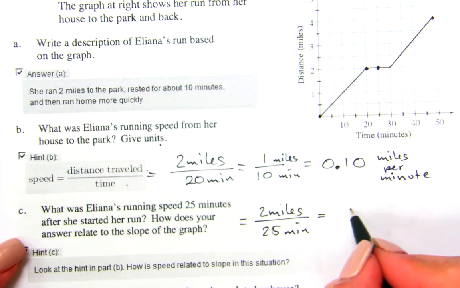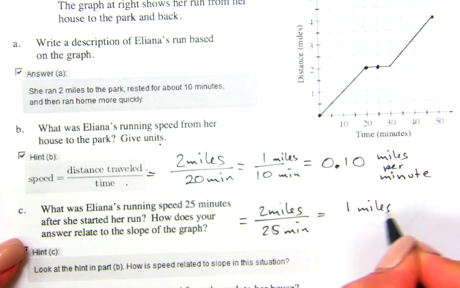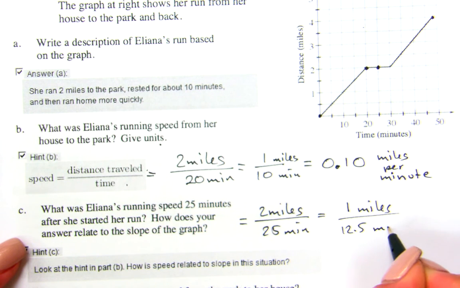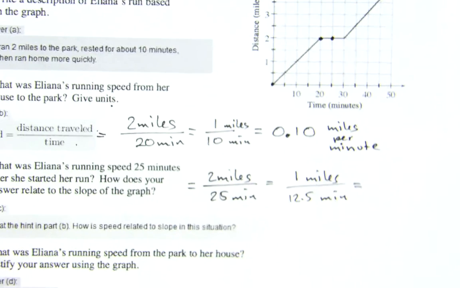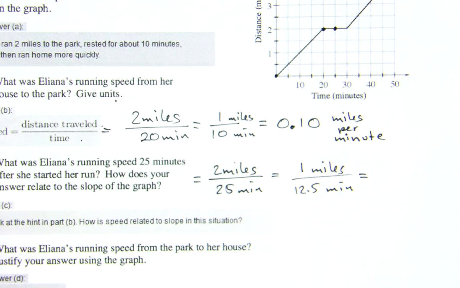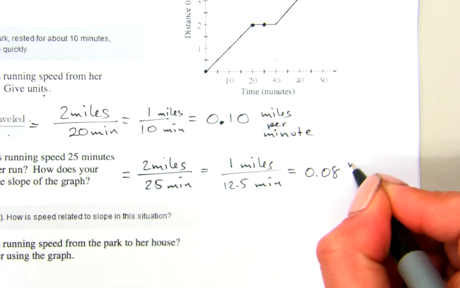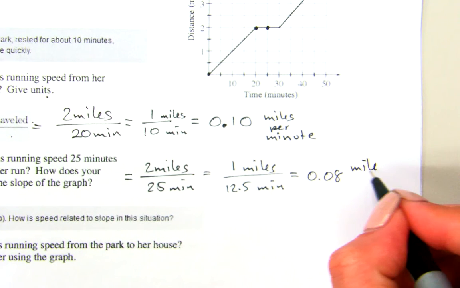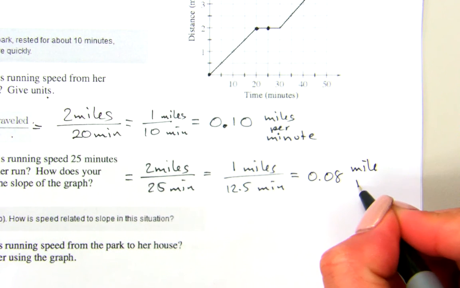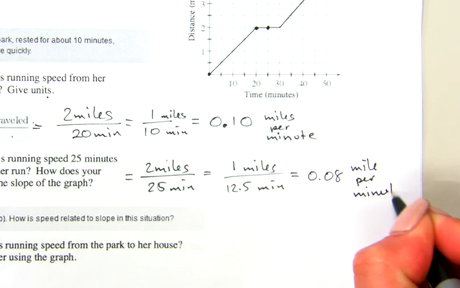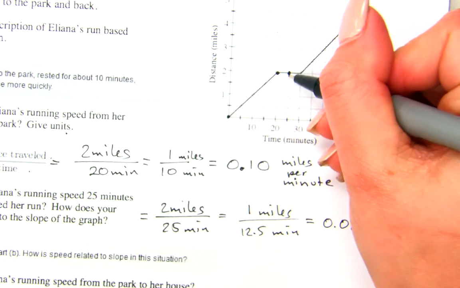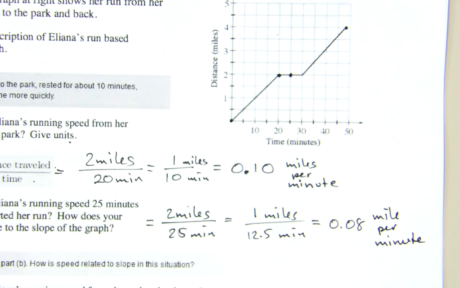So this is now 1 mile over 12.5 minutes, so this is technically 0.08 of a mile per minute. Because since at 25 minutes she's still at 2 miles, she hasn't really covered any distance in that last 5 minutes, so technically you take the whole thing.